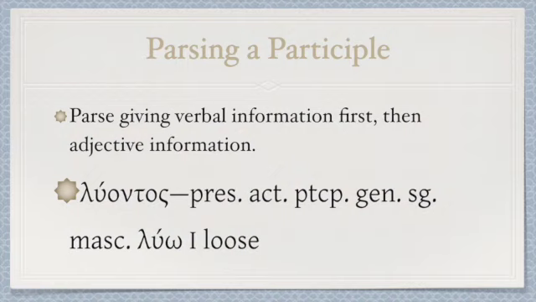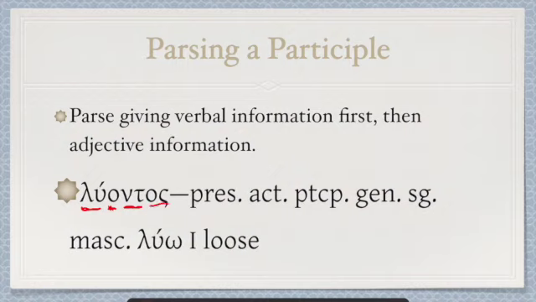So our participle luantas, here we get our first principal part, our connecting vowel, which tells me it's present. The nu tau tells me I'm dealing with a participle, an active participle. And then our os ending here tells me the person and number.